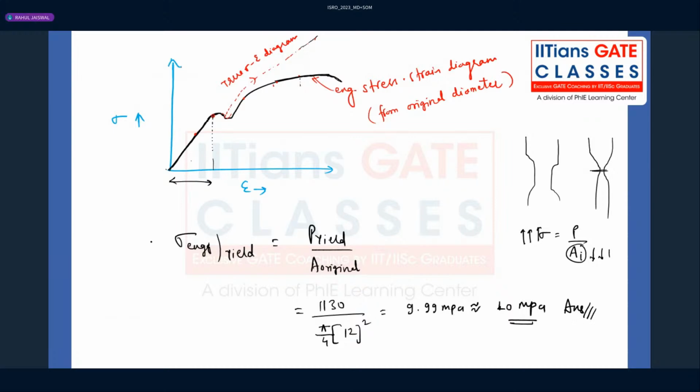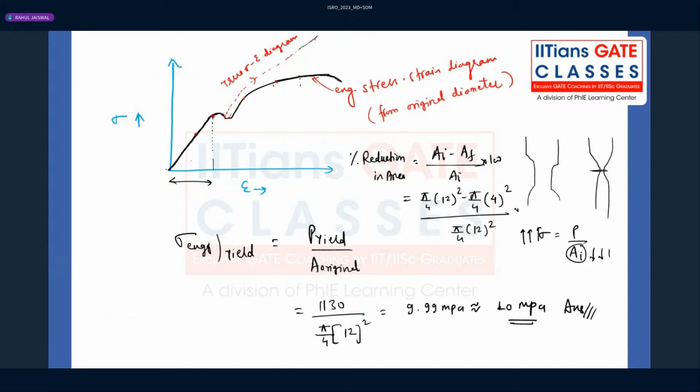The next question is a very simple thing: the percentage reduction in area. So (AI minus AF) divided by AI into 100. That is pi by 4 d square minus pi by 4 of the final diameter square, divided again by pi by 4 d square, into 100.